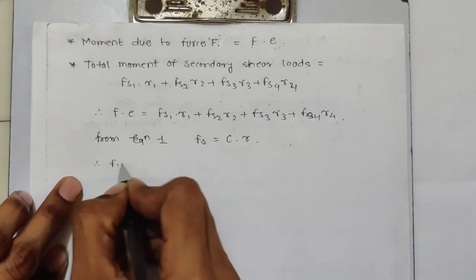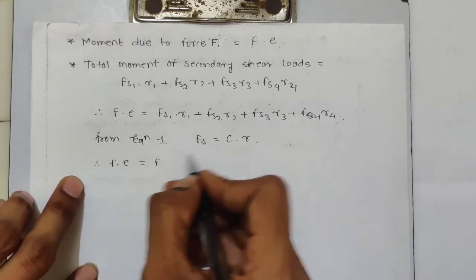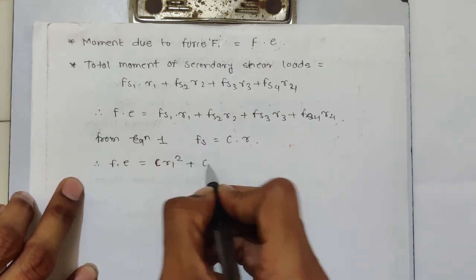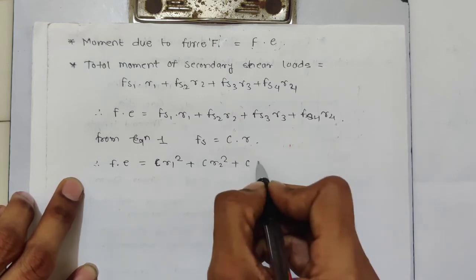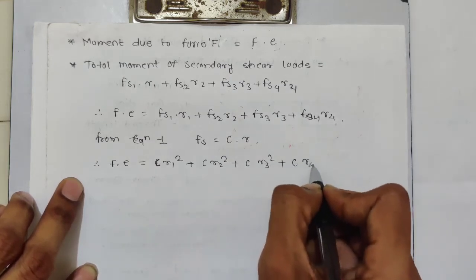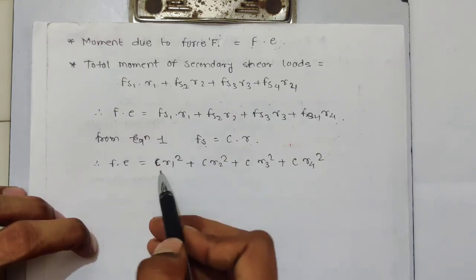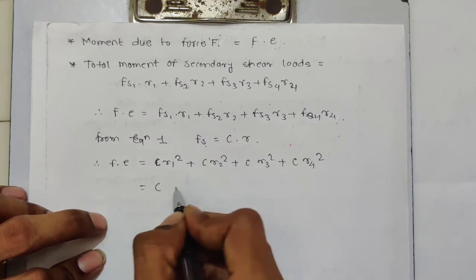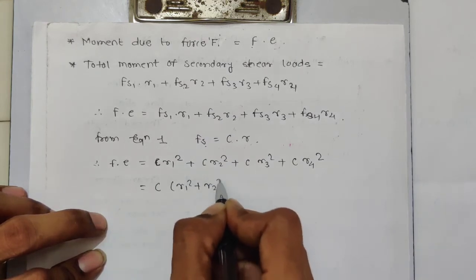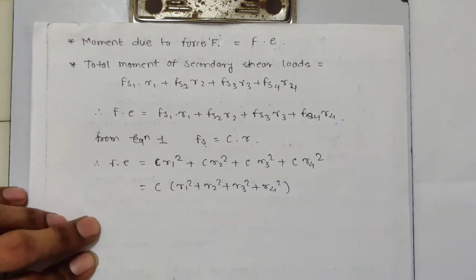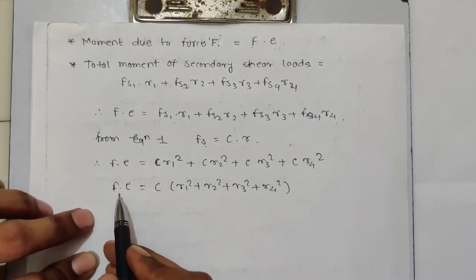So I'm writing F into E is equal to Fs1 into R1, which is C R1 square, plus C R2 square plus C R3 square plus C R4 square, because Fs1 is nothing but C into R1. Now taking C common, I get C times R1 square plus R2 square plus R3 square plus R4 square, equal to Fe. I want to find the value of F. Okay, so how can I find it?